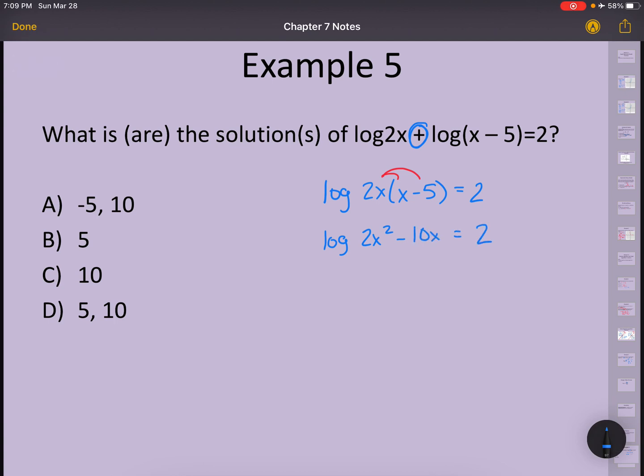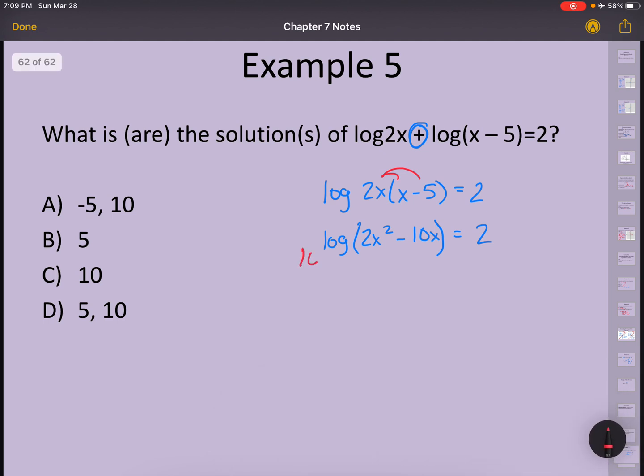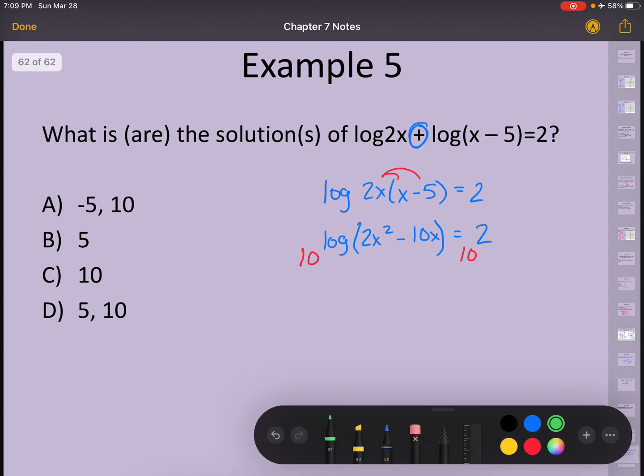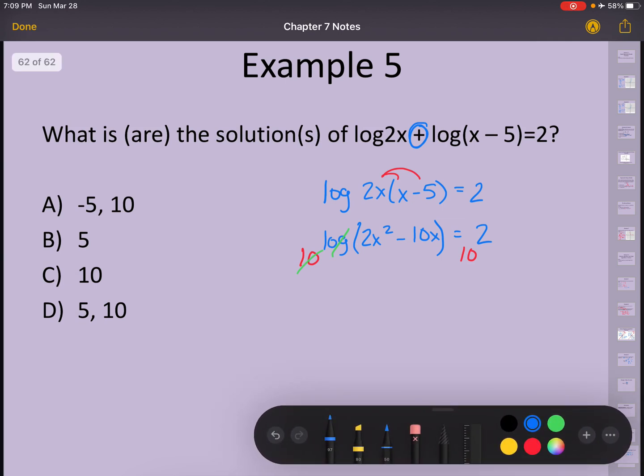still equals 2. Now, I can't really move anything because I got that logarithm on the left. So since the log, just normal old log or the common logarithm, has a base of 10, I can raise both sides with a base of 10 so that the common logarithm and that base of 10 cancel each other out.